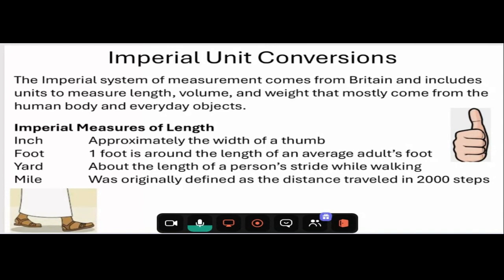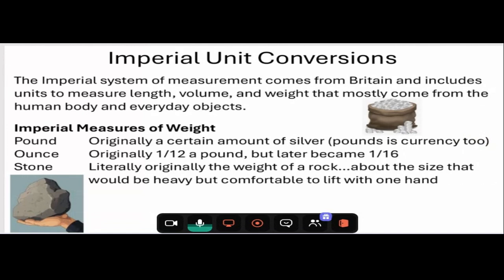Sorry, the distance you would go when one of your feet touched the ground 1,000 times while you were walking. In other words, 2,000 steps, because each foot is going, right? Eventually, the British ended up changing that 2,000 to 1,760, because imperial units are weird that way, weird numbers.